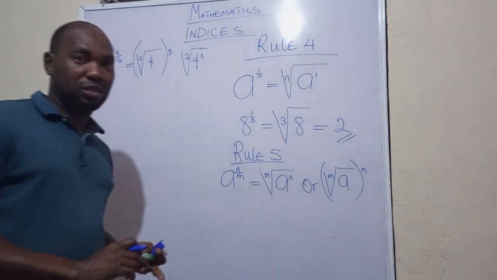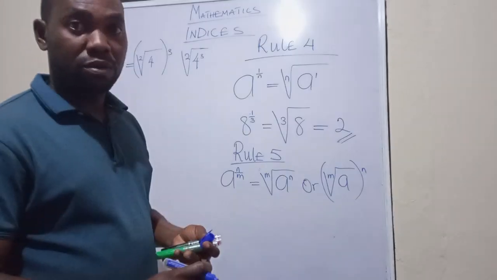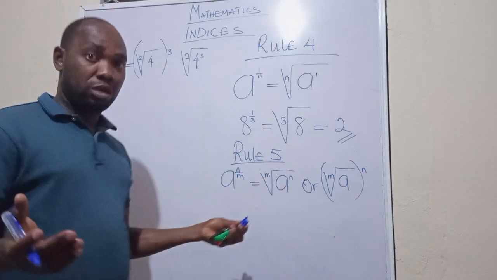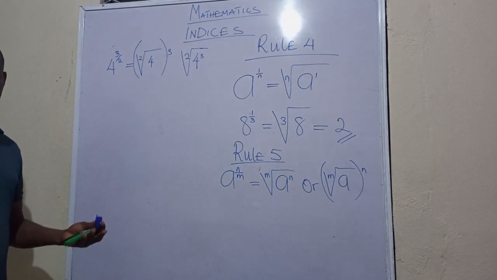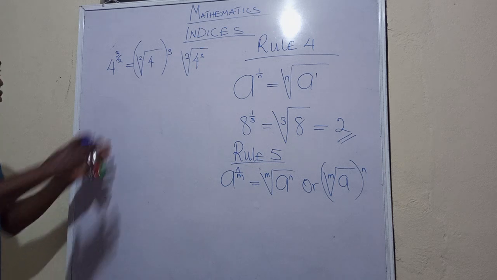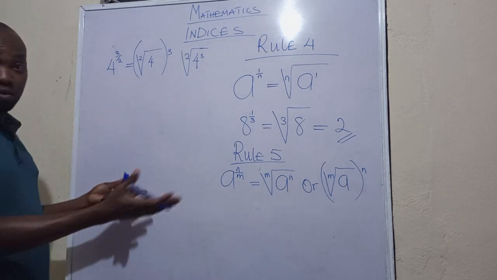4 times 4 is 16, and 16 times 4 we know is 64. But there's still the possibility of getting the value. So in this particular one, we can use the two methods.